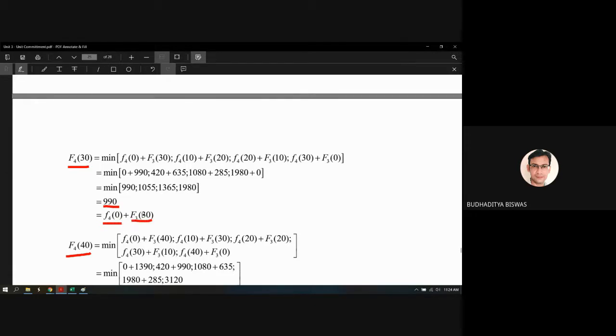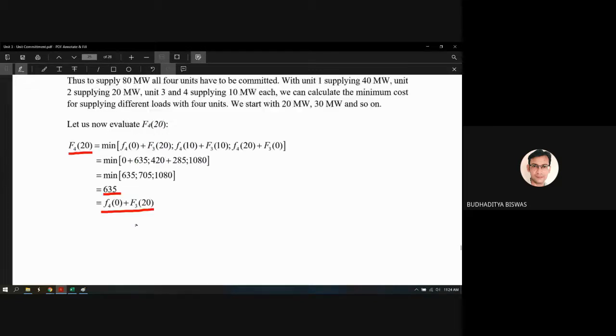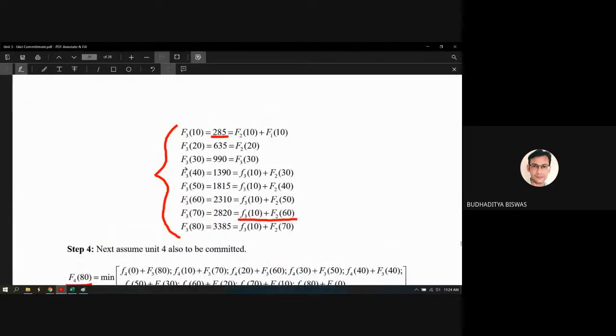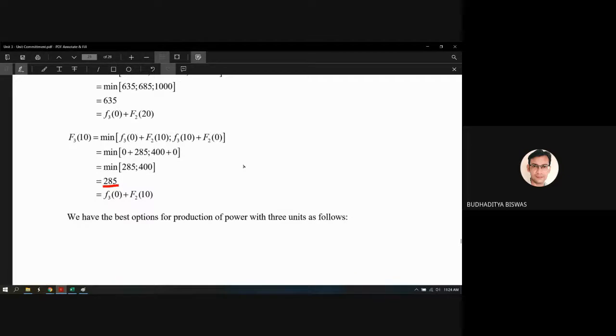Because F4 equal to 0 means unit 4 is not generating anything. So what is F330? Let me check what is F330.